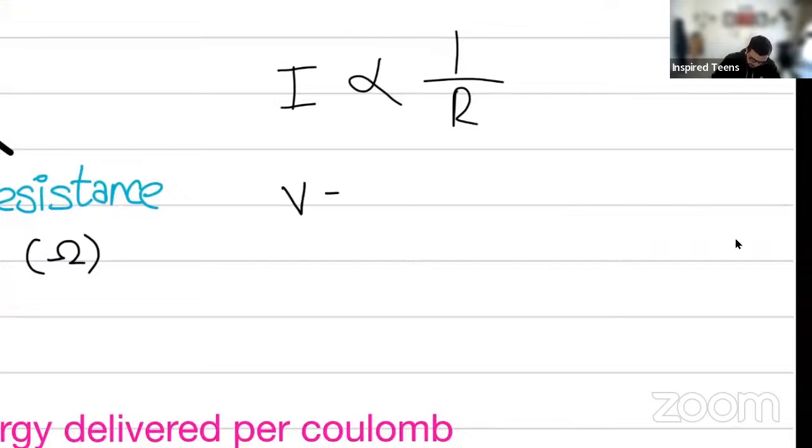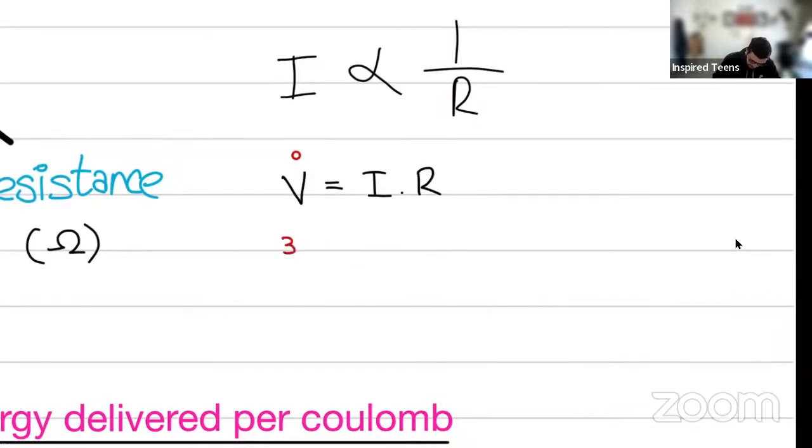If we have V is equal to I times R, this mathematical equation, and let's say that the voltage remains constant, we can even use numbers to test it out. Let's use a nice number, 30.